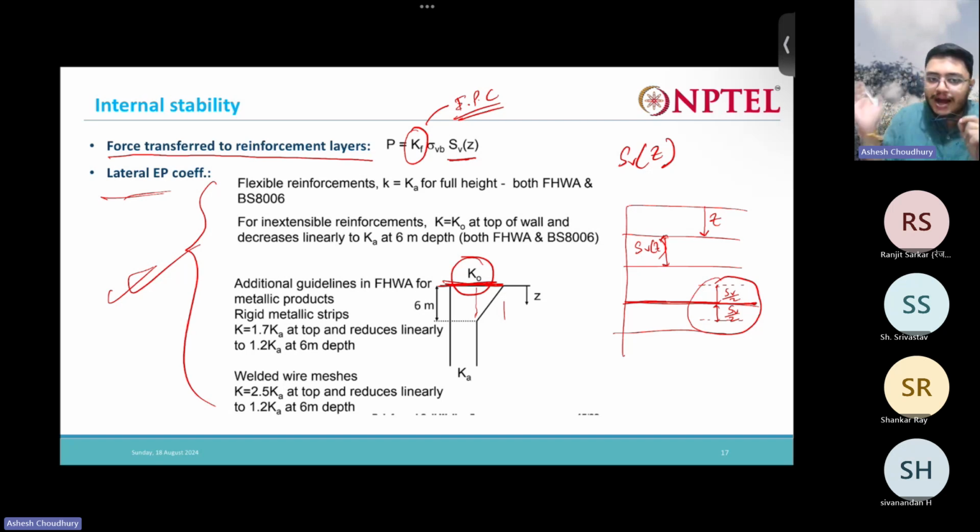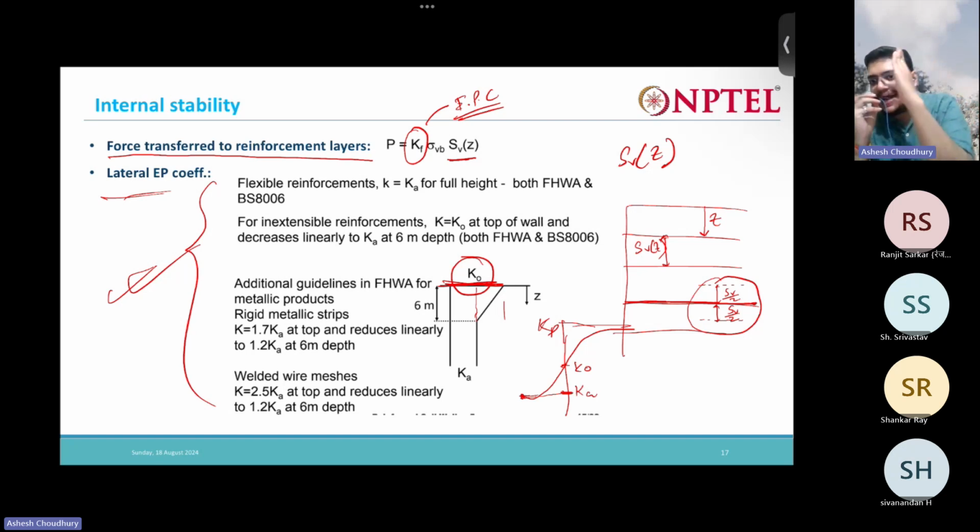That's the reason. If there is deformation, you remember this diagram, right? This is the active earth pressure, this is K naught, and this is the passive earth pressure coefficient Kp. So Ka is least. Why is Ka least? Because as the wall tilts a little bit away from the backfill, there is some release of pressure.